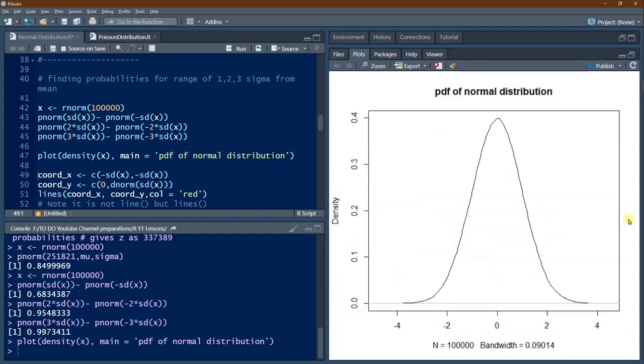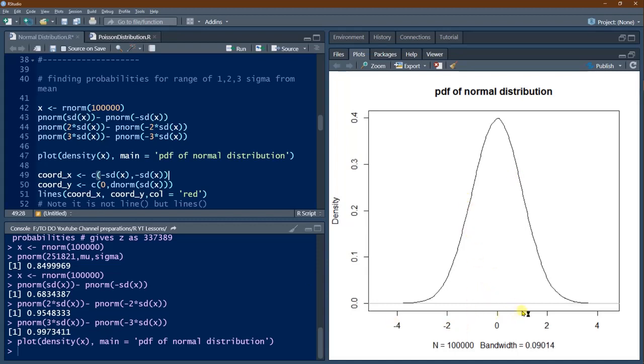Now let us try to draw the ordinates, the coordinates of x and y. We will write them separately. What we are trying to do is supply the x coordinates of the line and the y coordinates of the line. We want to draw a line at the first standard deviation distance, that is one line here and then one line here.